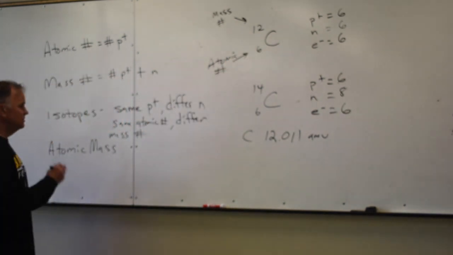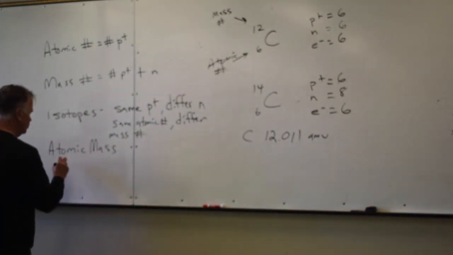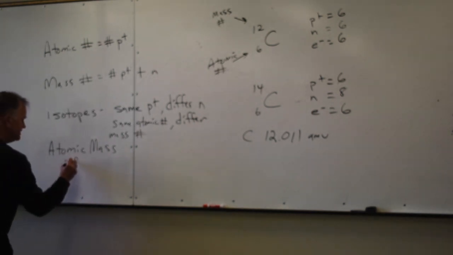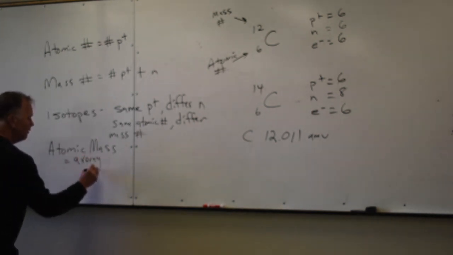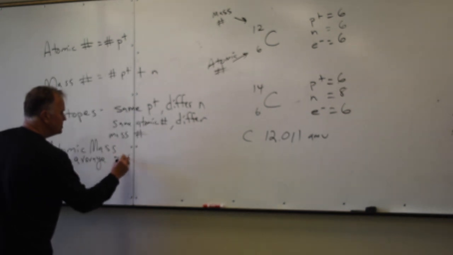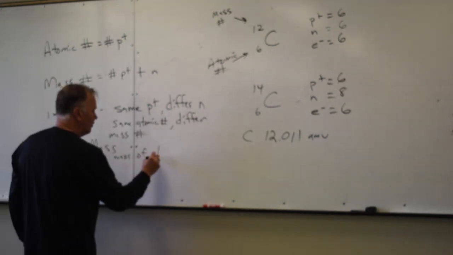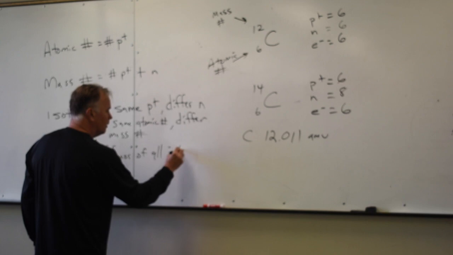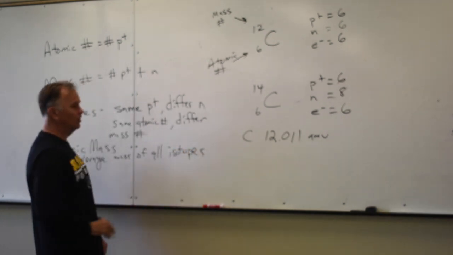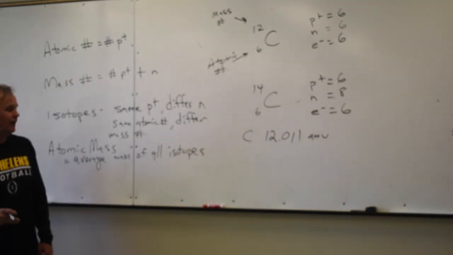All right? So the atomic mass is equal to, okay, that's the average mass of all the isotopes of that particular atom. All right?